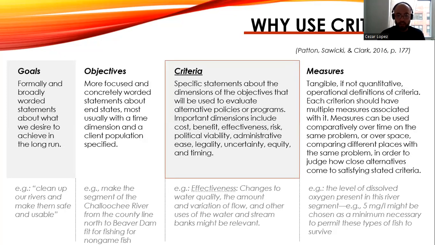Another way to look at criteria is by situating them within the broader framework of problem solving and the progressive detailing of a given public problem, starting with the broad overarching goals and the specific objectives to reach those goals. Criteria point to the specific dimensions, such as effectiveness, efficiency, equity, political viability, which analysts use to evaluate different ways to achieve broader policy goals and objectives.